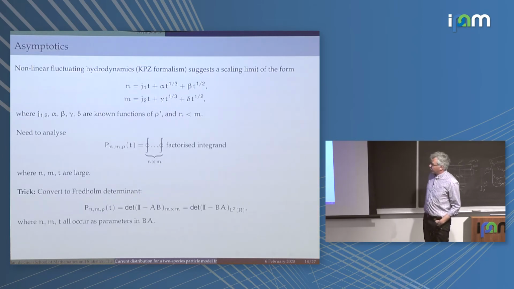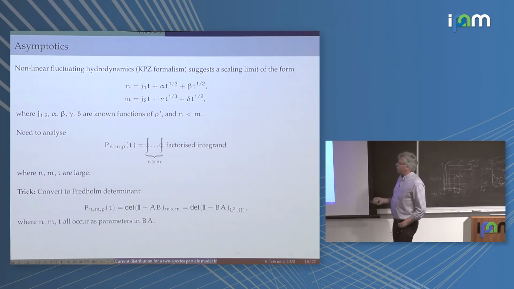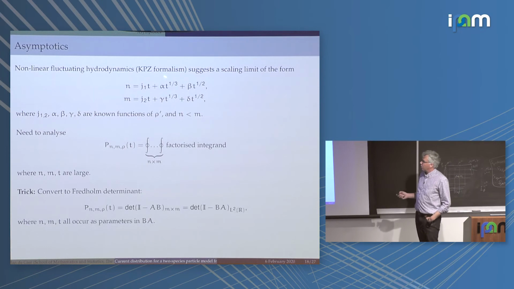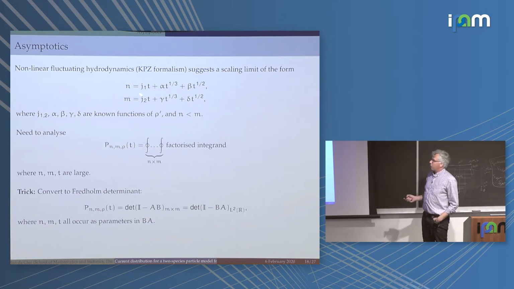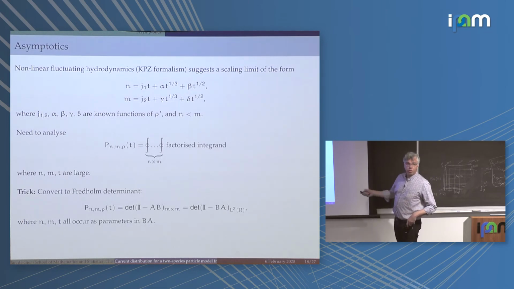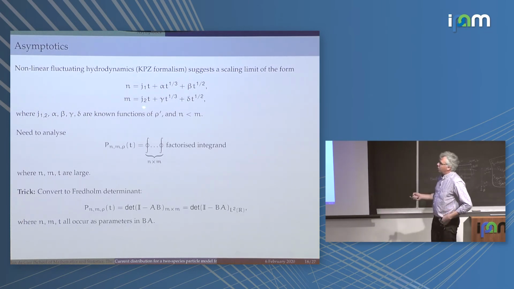Okay. So what type of scaling limit are we looking at? Well, this heuristic physics theory, nonlinear fluctuating hydrodynamics, suggests that the scaling form should be like this, where the plus particles have a mean drift given by a current, J1, and the drift is linear in time, and there are corrections of the order of t to the 1/3 and t to the 1/2, or rather there could be corrections of this form, and the same for the minus particles.